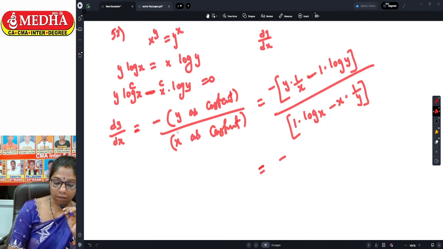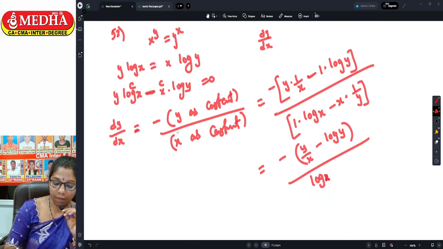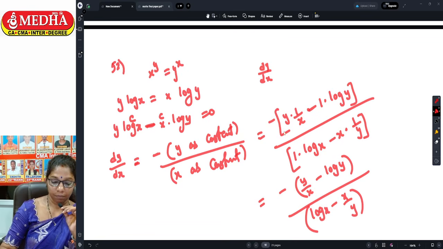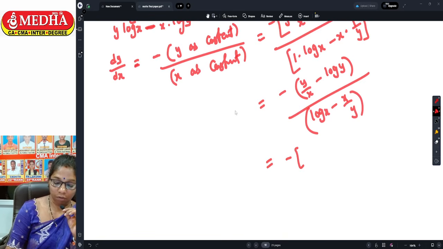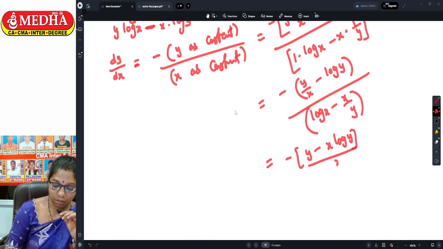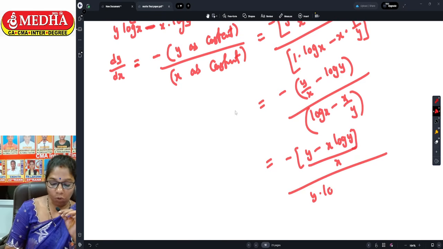So by simplifying this, y by x minus log y by log x minus x by y. So by taking LCM, this is minus of y minus x log y by x and by y into log x minus x by y.